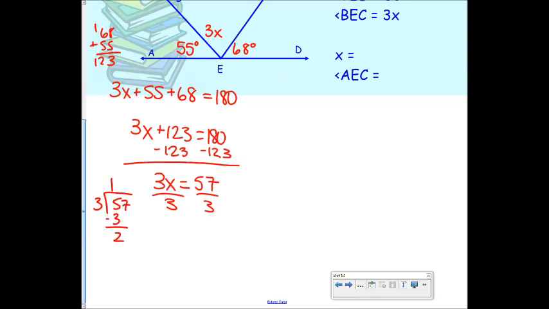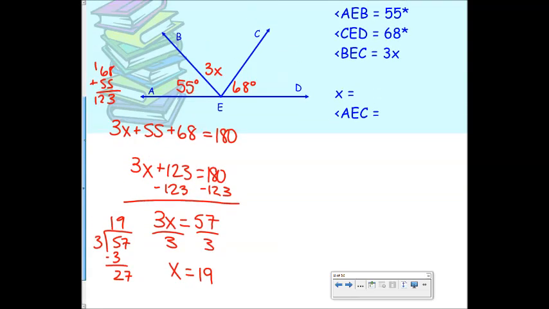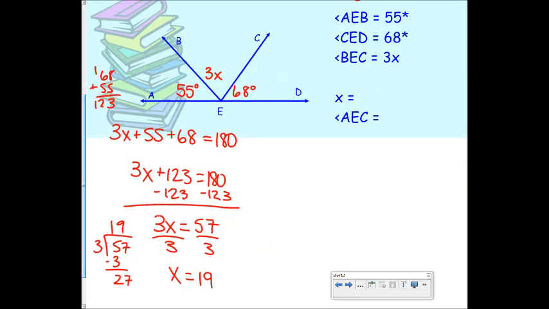And if it asks me to find AEC, first I have to plug in, right? So what's 19 times 3? 57. So 57. And it's asking me to find AEC.